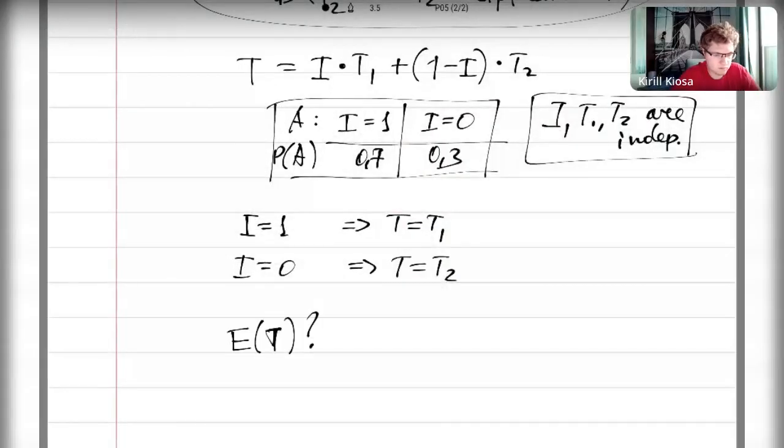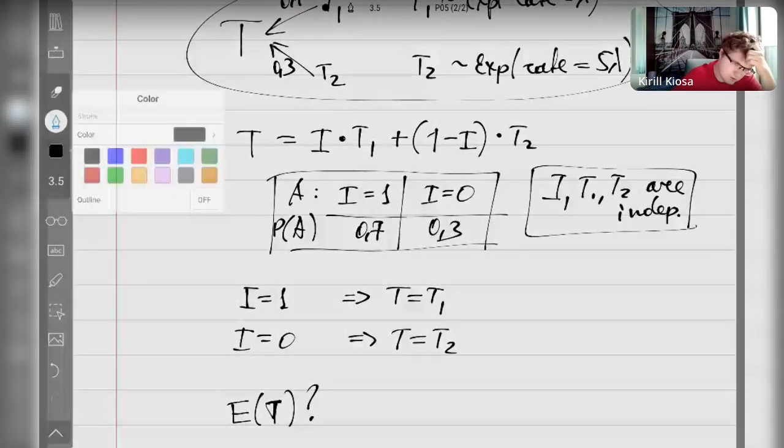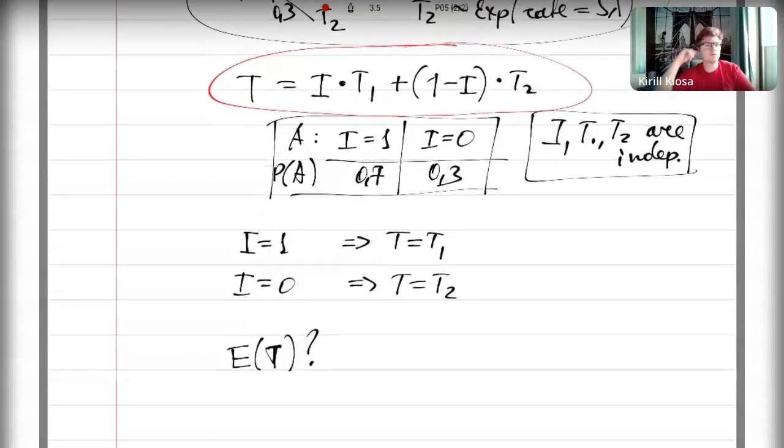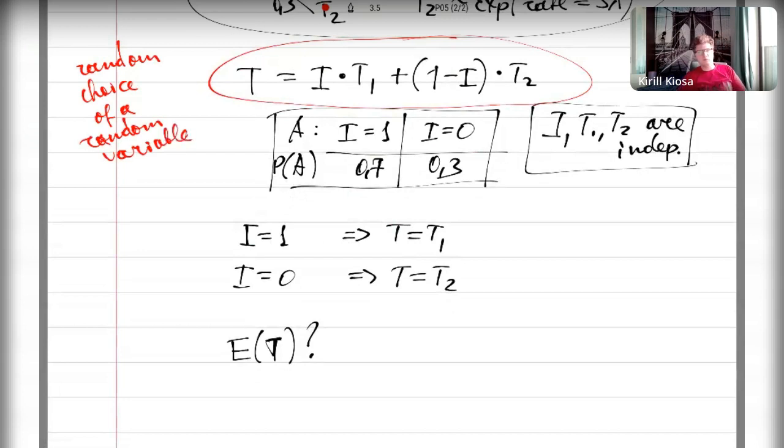Find the expected value of t. If I have this expression for t, that's a random choice of a random variable, and I place the role of a switch.